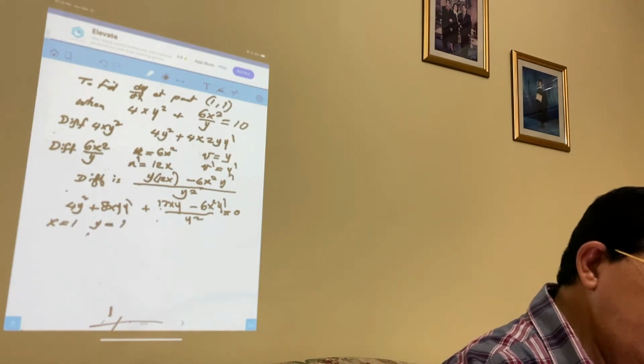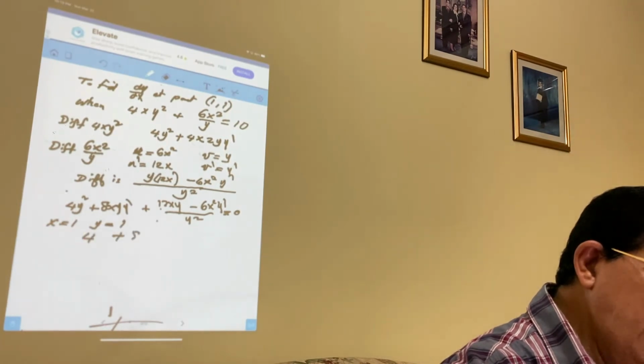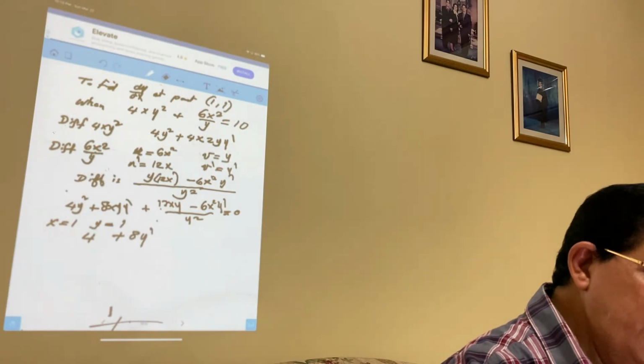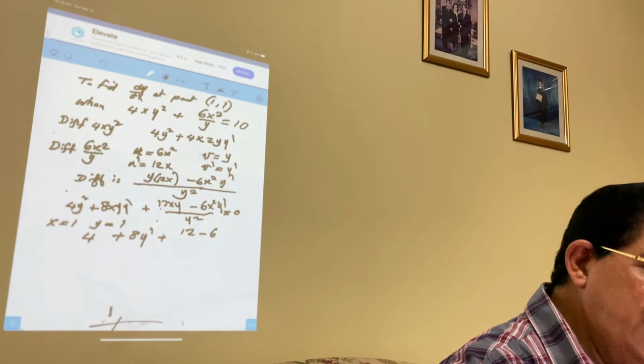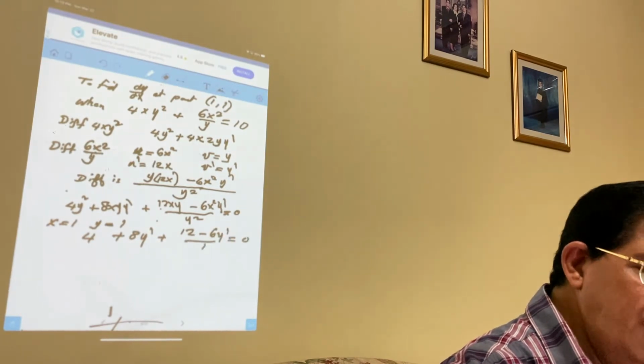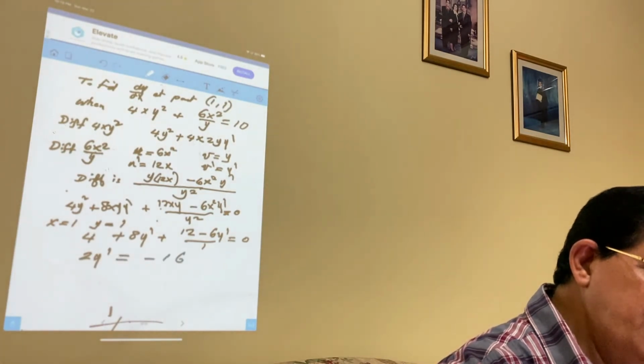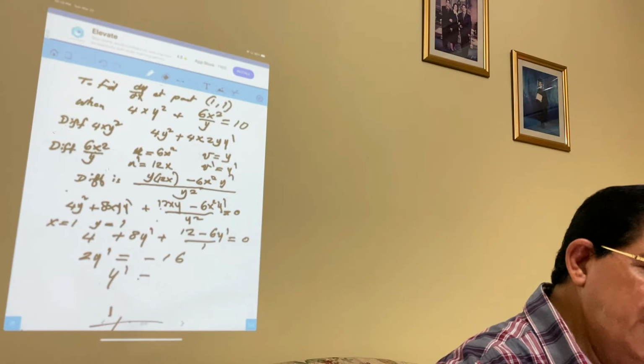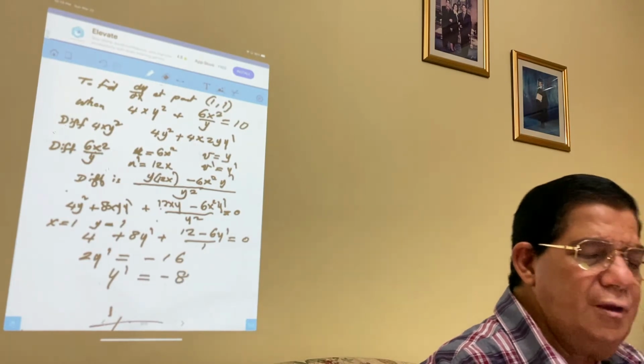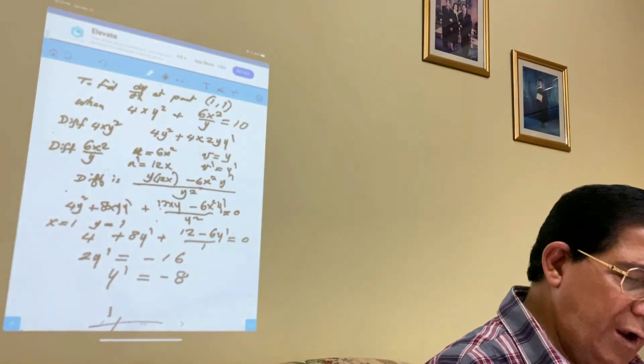You have 4 plus 8y dash plus 12 minus 6y dash over 1 equals 0. This gives us 2y dash equal negative 16, so y dash equal negative 8, and this is the value.